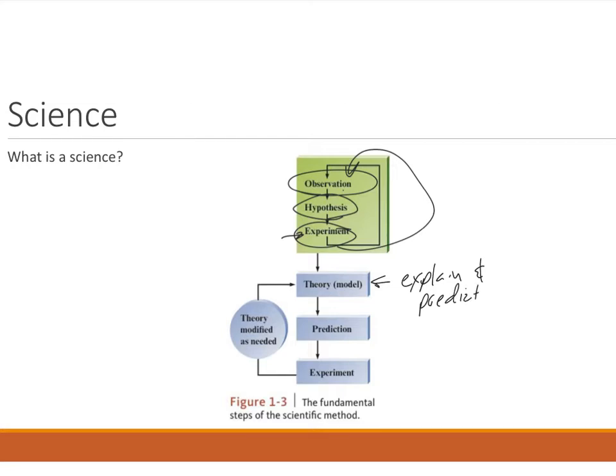So explain and predict. And that's the difference between a model, a theory, and a hypothesis. A hypothesis is a proposed explanation, but a theory explains and predicts. Now, you can make those predictions and then test them, and again, this is sort of an iterative process. You come back and you modify the theory as needed.